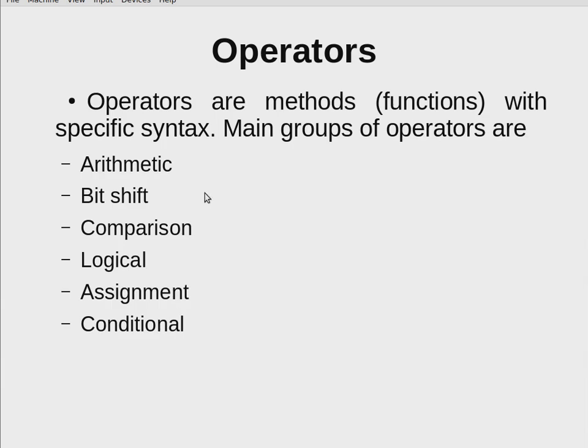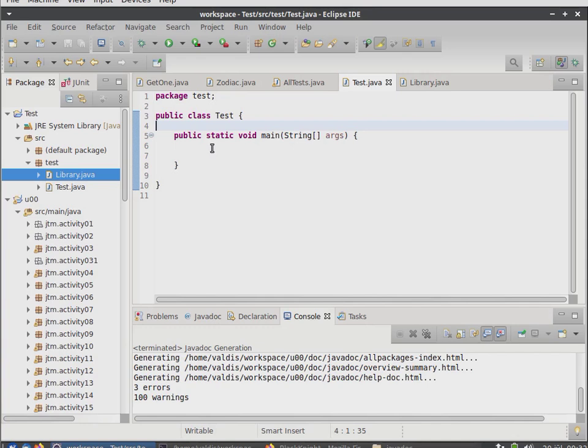What is important about operators is that in general they work with primitive data types. So every time you write operator, like assignment operation or comparison operator, here before that should be primitive type and after that would be primitive type.